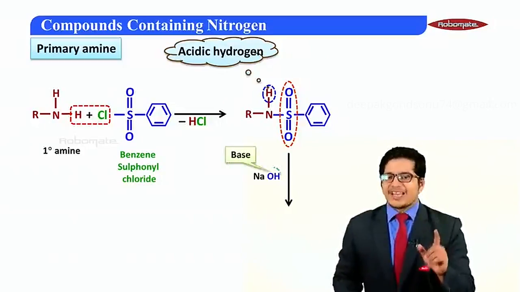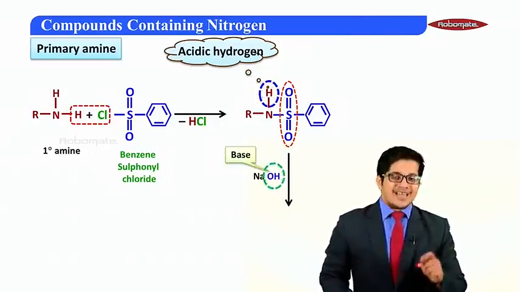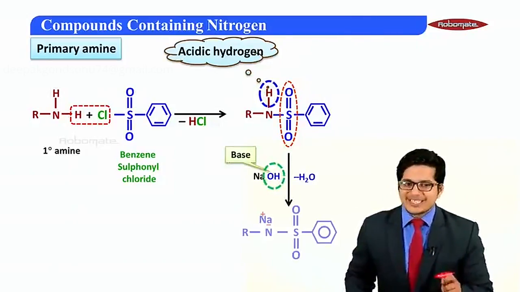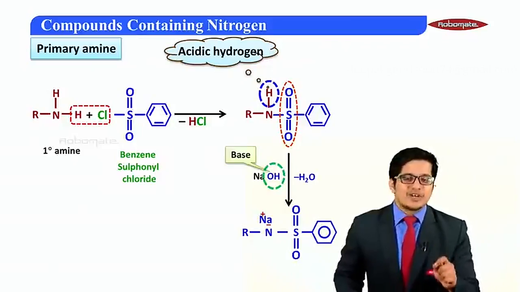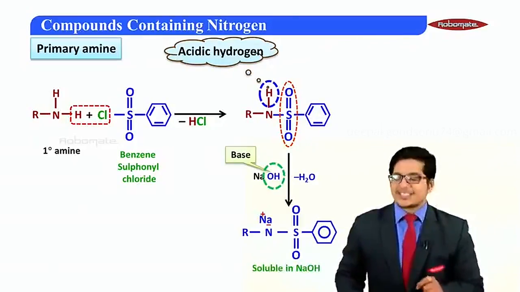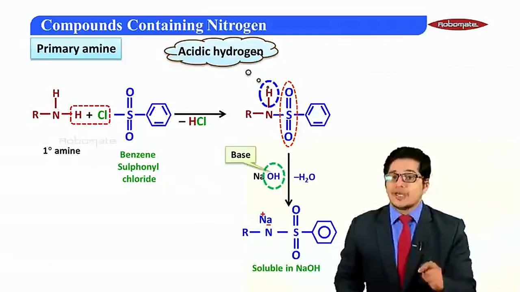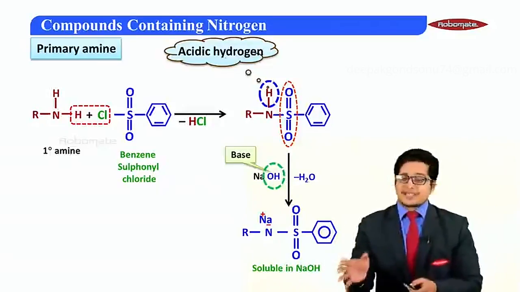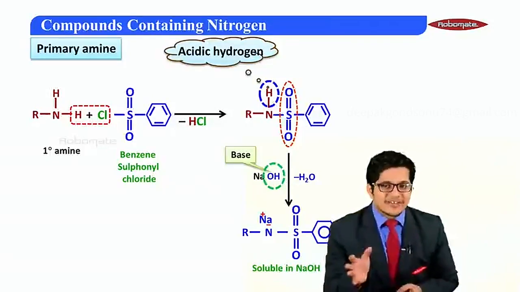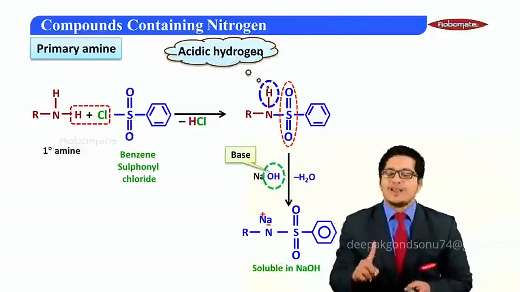OH and H would combine, giving us water. And now what we would get is nothing but a sodium salt of the corresponding aryl sulfonyl group, and this would therefore be soluble in NaOH. So if a primary amine is treated with Hinsberg reagent and then treated with NaOH, it would be soluble.